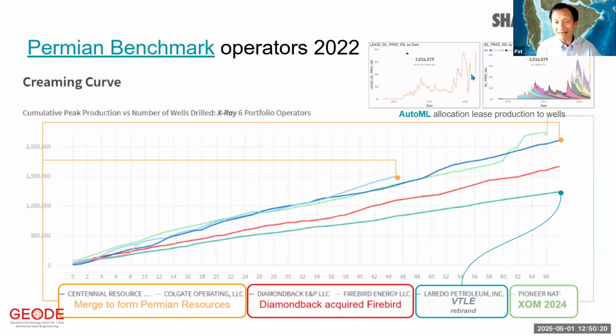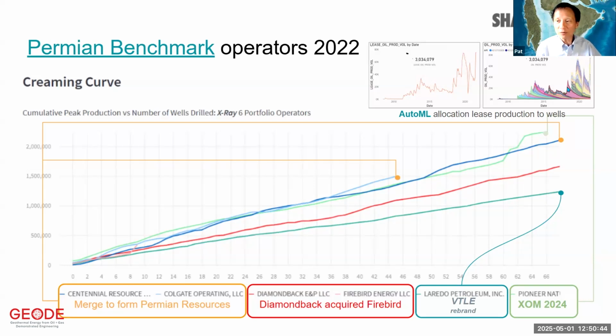But some leases in West Texas, one single lease could have more than a couple of thousand wells. That is not a trivial exercise. So instead of trying to do it manually every month, at Shaleforce we have developed an auto machine learning process so that we allocate the lease production to individual wells. Again, it simplifies the process.